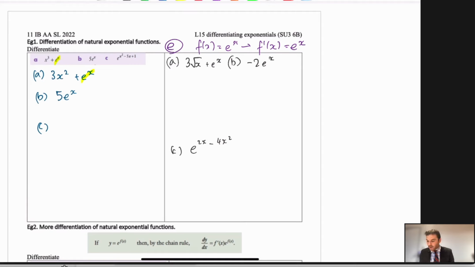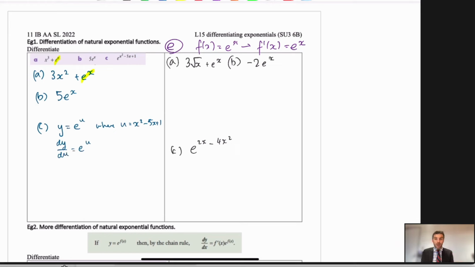And C, we have this exponential function up here. And what we can do is we can use our chain rule. So I can say y is equal to e to the u, where u is equal to x squared take 5x plus 1. And then I can differentiate this going, okay, well, I know that dy by du is going to be e to the u, right?